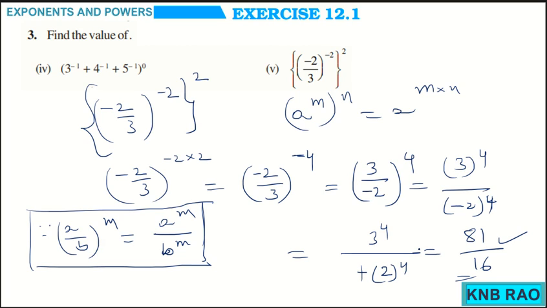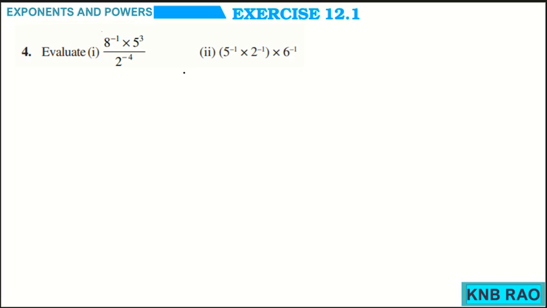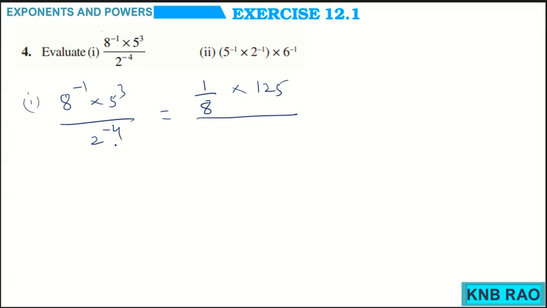Coming to the main question number 4. In main question number 4, there are two sub questions. In sub question number 1, 8^-1 into 5^3 by 2^-4. You know 8^-1 can be written as 1 by 8, and 5^3 is 125. 2^-4 can be written as 1 upon 2^4, where 1 by 8 into 125 becomes 125 by 8.